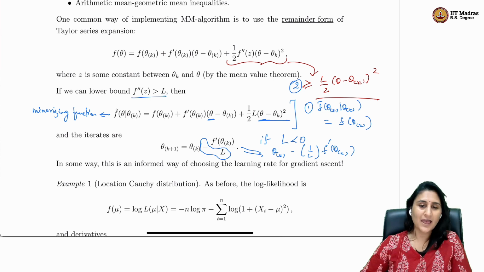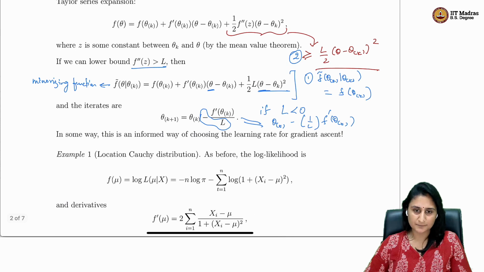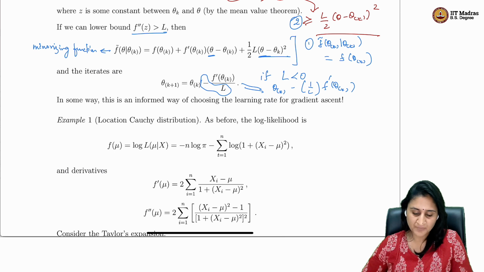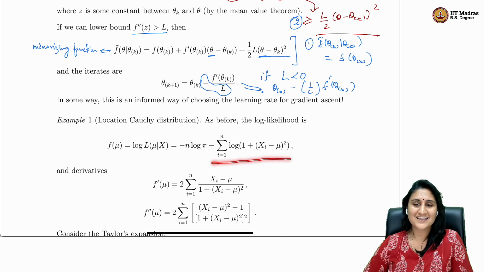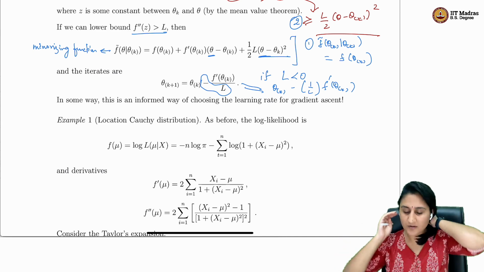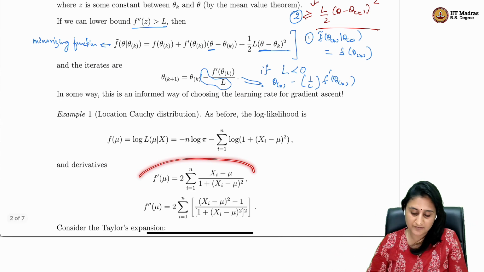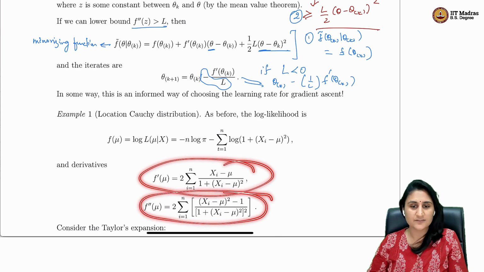So let's actually look at the location Cauchy example. For our location Cauchy example, remember we have the log likelihood, and I call the log likelihood my objective function, which becomes f of mu. Then I get minus n log pi minus the summation i going from 1 to n of log of 1 plus xi minus mu whole squared. This is the objective function, and I know what the derivatives are. The first derivative is this, the second derivative is this.